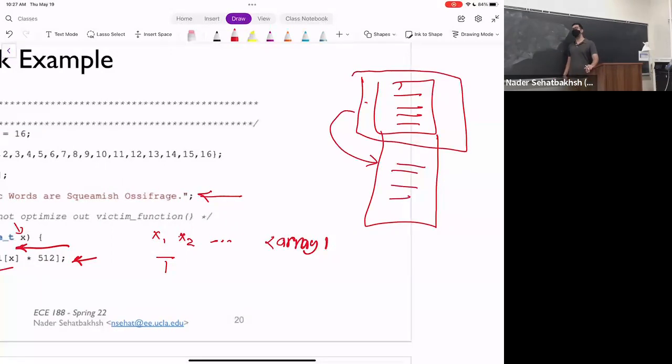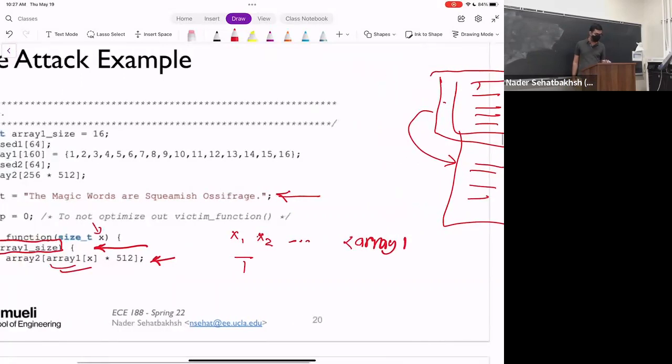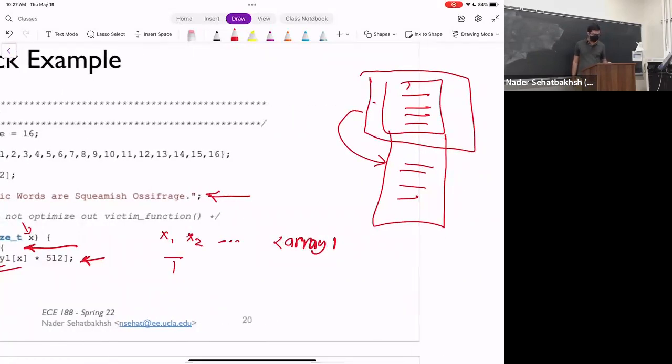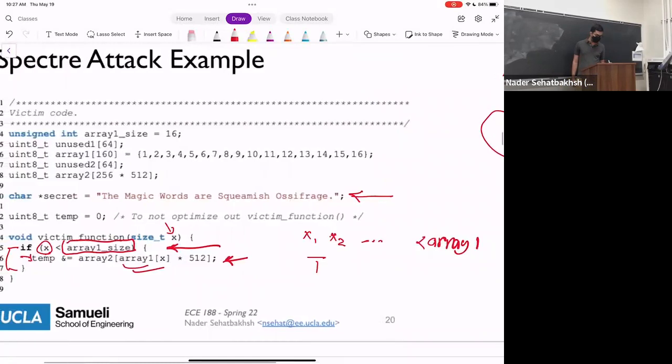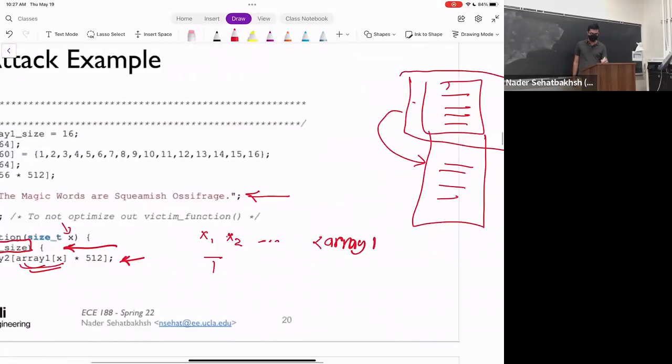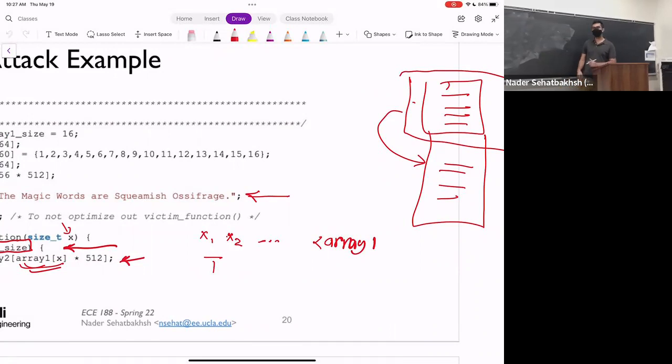The attacker can use a bunch of different techniques that we're not going to discuss, to save some time, to find where this secret is. And just by changing this X, it accesses another memory line and brings that data to the cache. Okay? And then using a simple cache side-channel attack, the attacker manages to extract that value from the system.